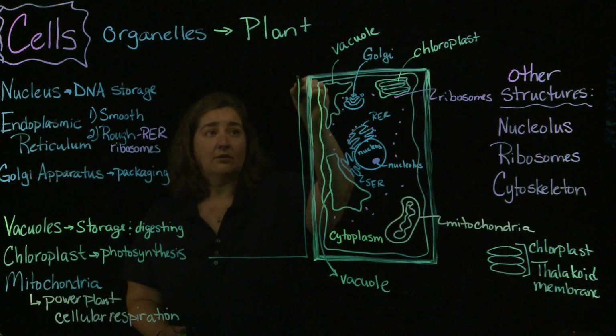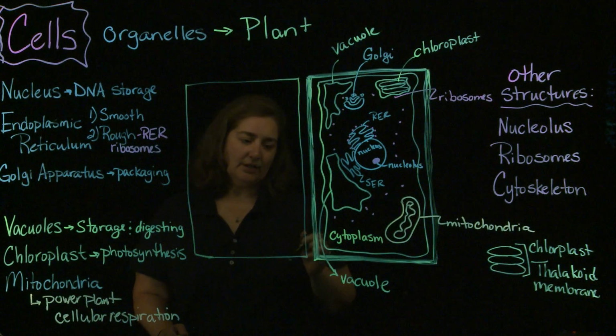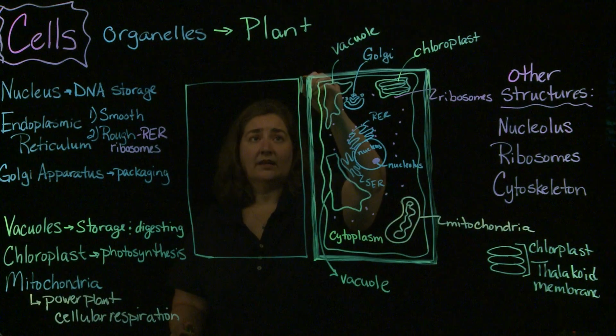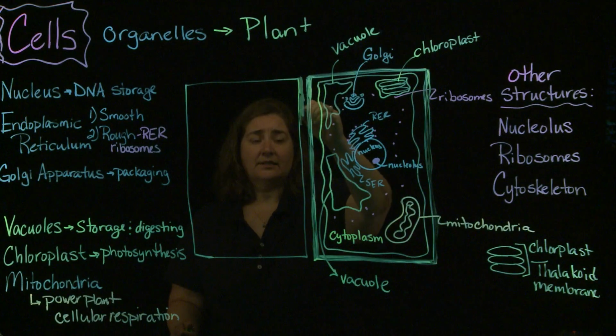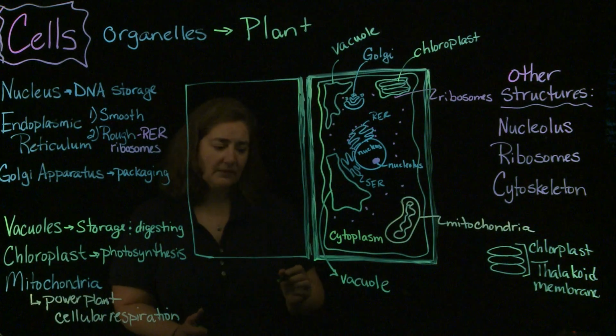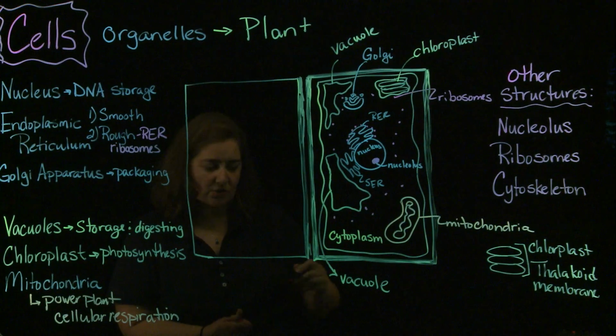There's one more structure that I don't have on here that I'm going to kind of highlight as I make my cell wall here a little thicker with my squeaky marker. And that's going to be a structure known as, and I'm going to draw it in pink just so that you can see it.